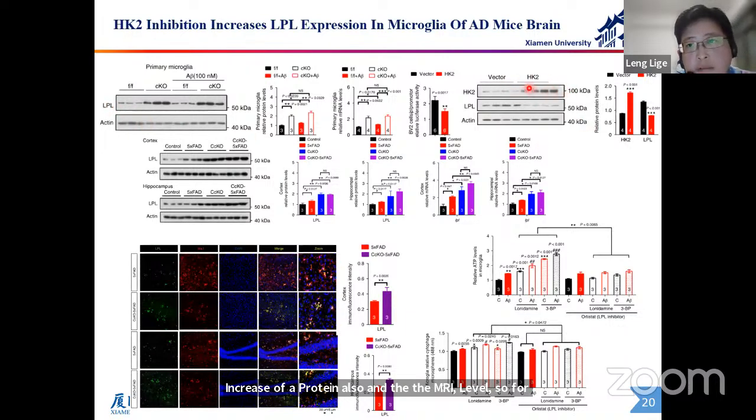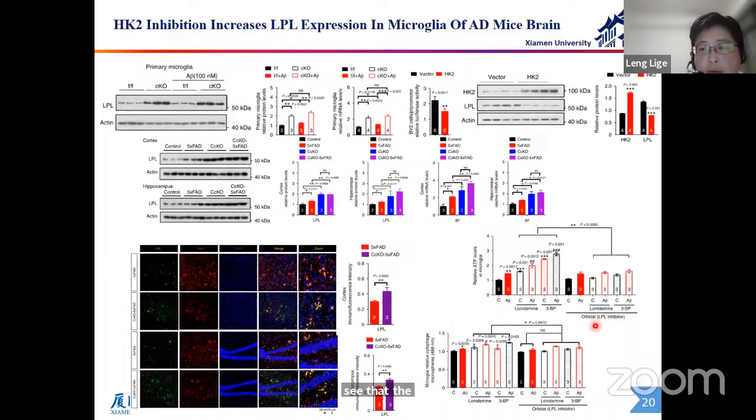And overexpression of HK2 decreased LPL expression. You can also see in the immunostaining that after deletion of HK2, the LPL expression was increased.